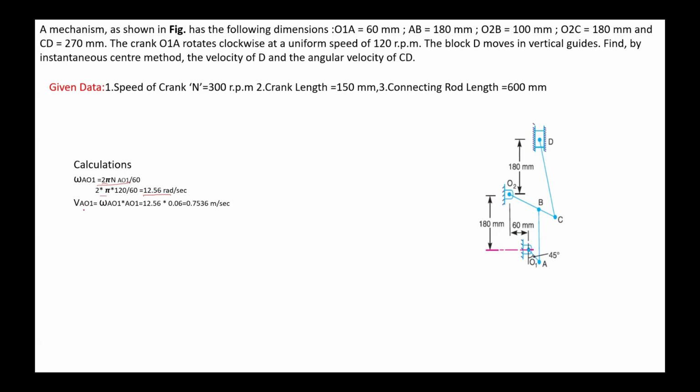After getting the omega of link O1A, you have to calculate the linear velocity of A. That is omega multiplied by the length O1A in meters.